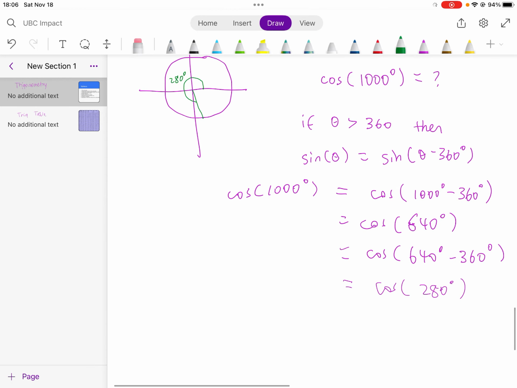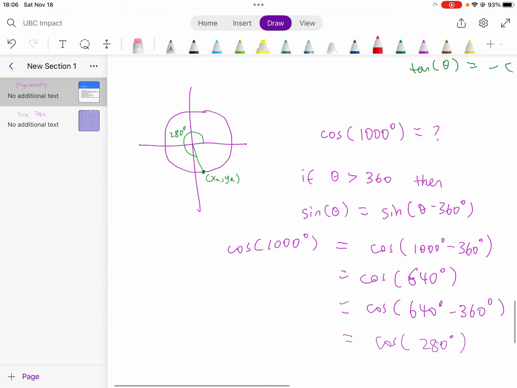So then what do we know about the fourth quadrant? We know that the fourth quadrant cosine is equal to the first quadrant cosine because the x value is the same. So if you draw this point here, this is our xa, ya.